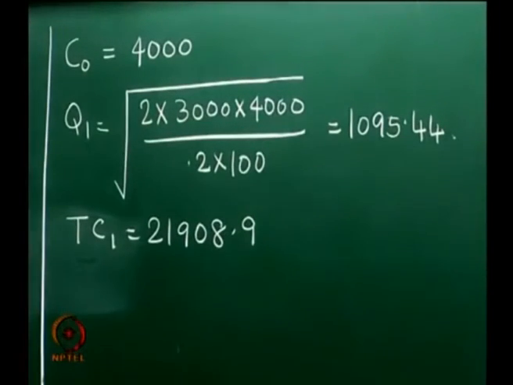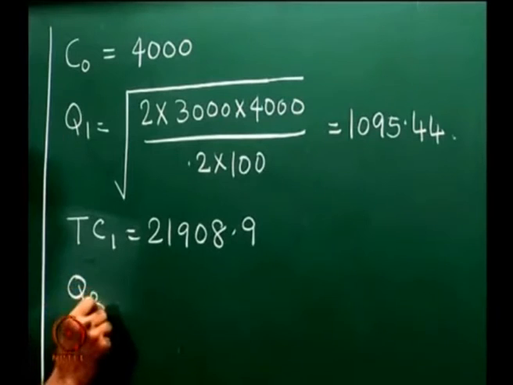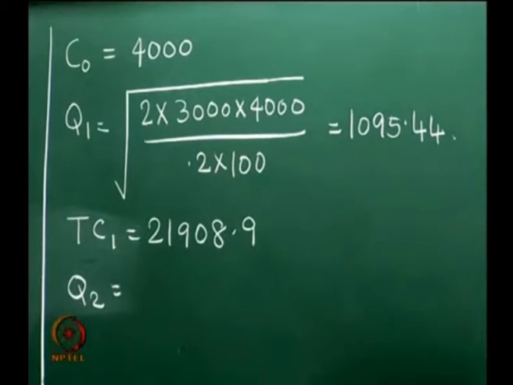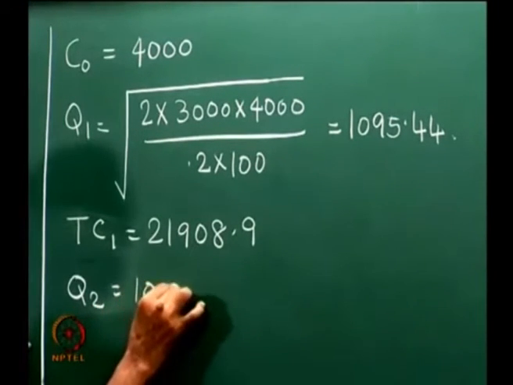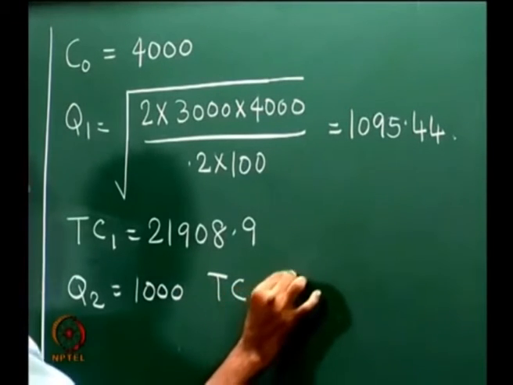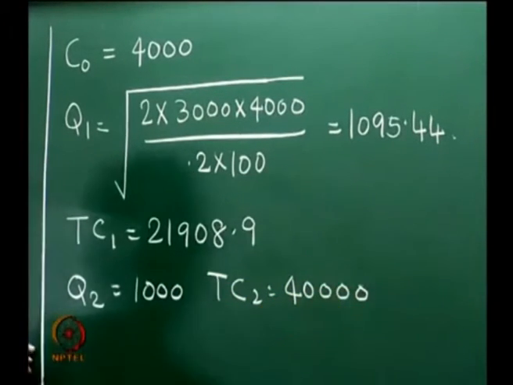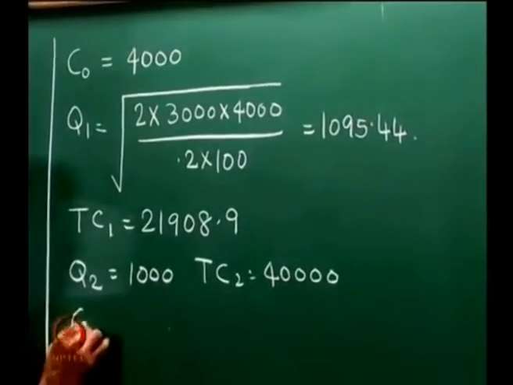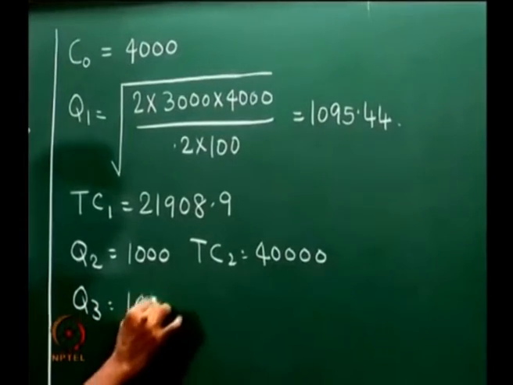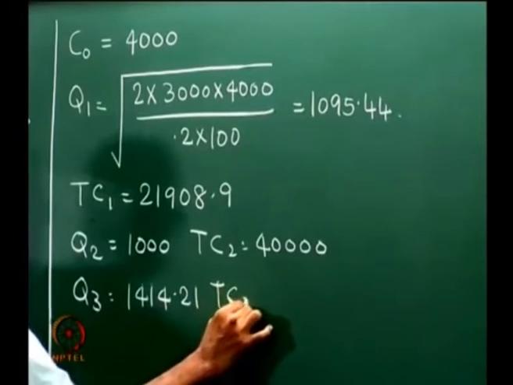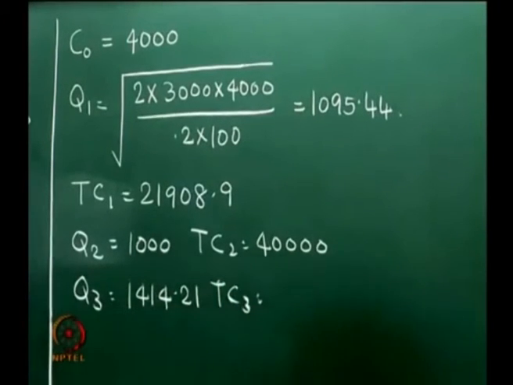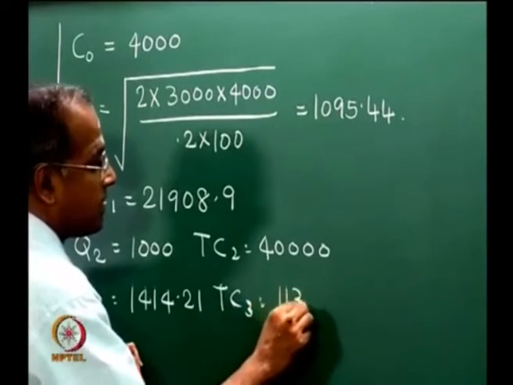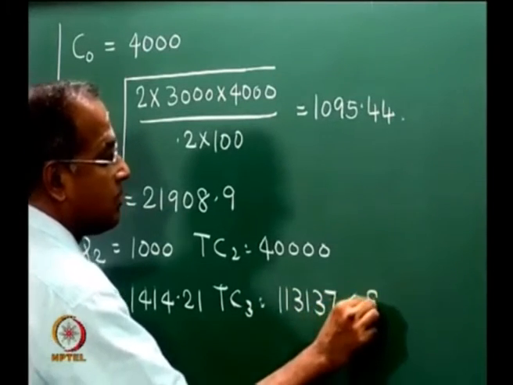In a similar manner, if we calculate Q2 and TC2, we find that Q2 turns out to be 1000 and TC2 turns out to be 40,000. Q3 is 1414.21 and TC3 is 113137.08.